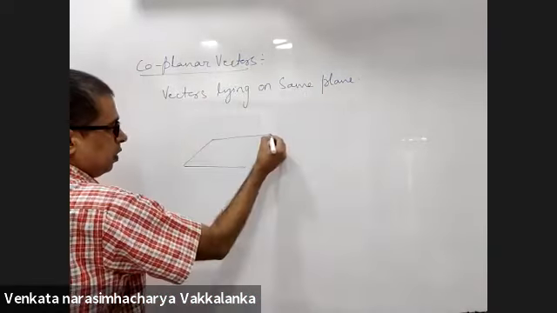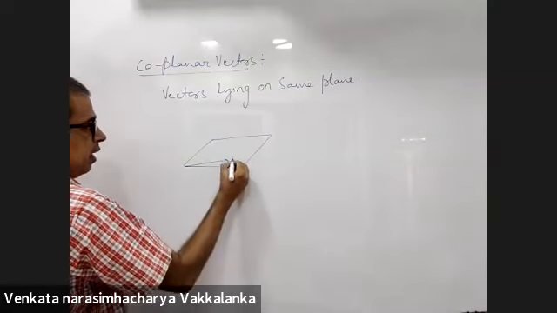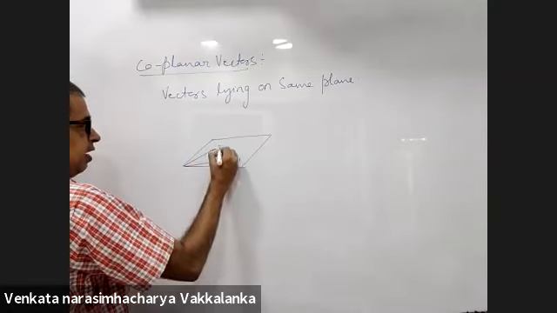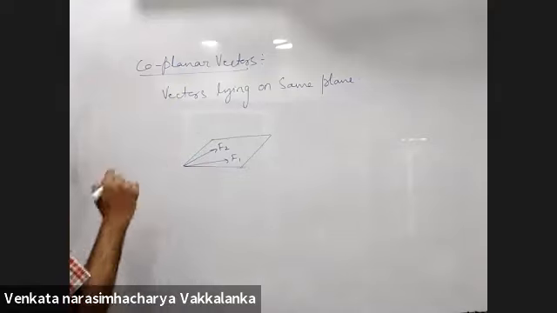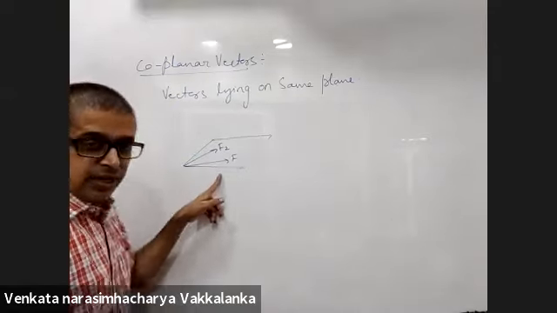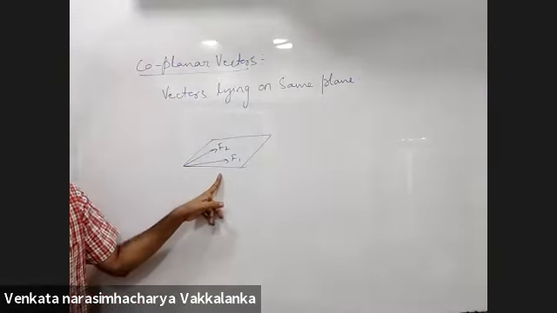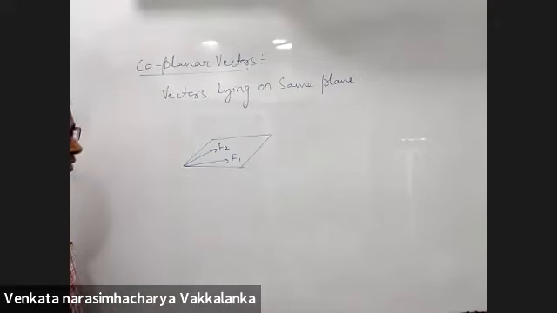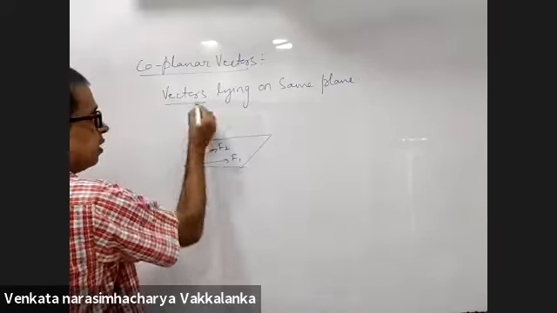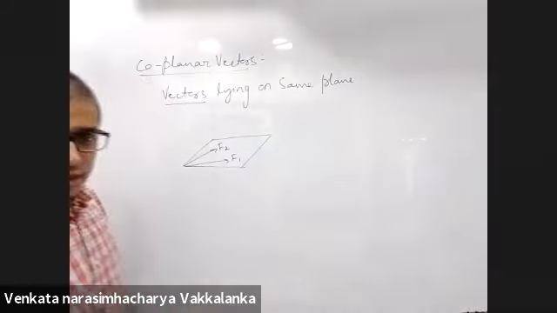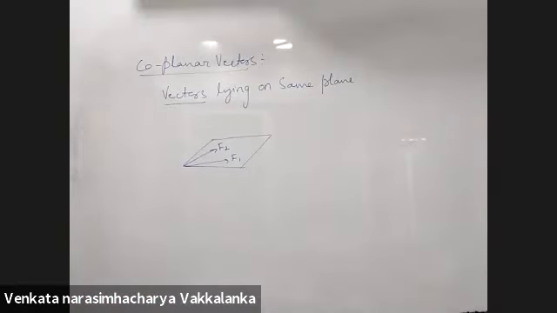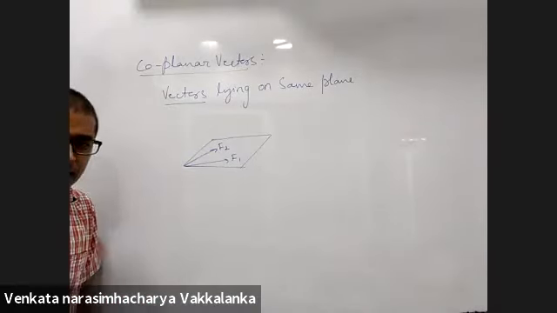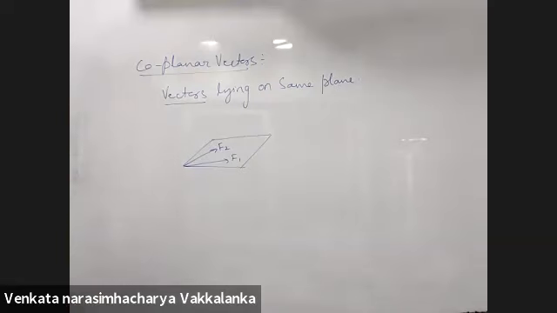That means if you take this to be a plane, I have got F1 and I have got F2. F1 and F2 are coplanar. They are lying on the same plane. Two vectors, three vectors or n vectors on the same plane will be called coplanar vectors.